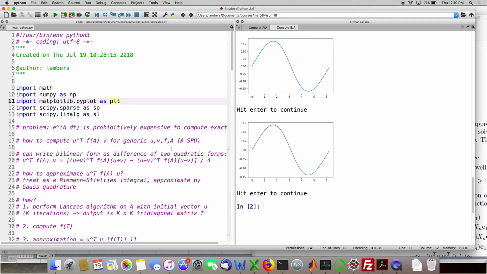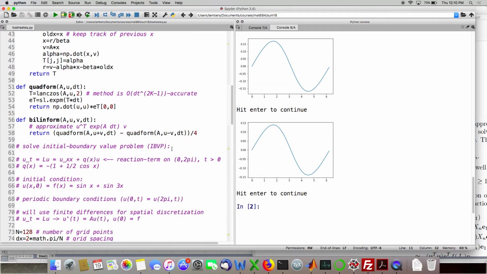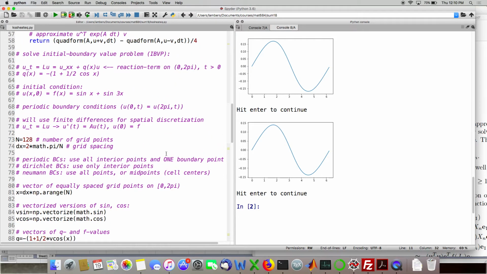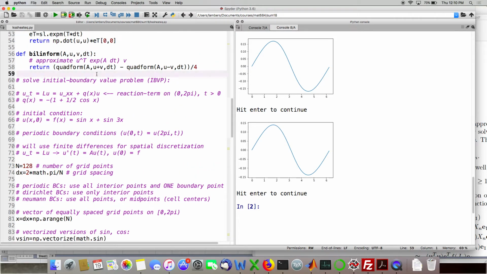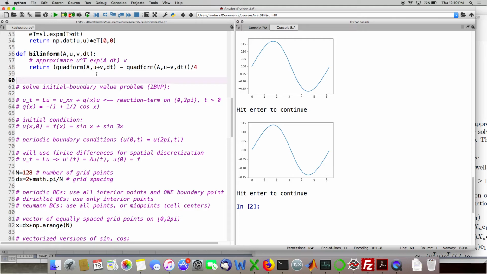So what I'll do is take all this KSS stuff starting from here and package it into a function with parameters like capital N, capital T, and dt. But that means I'll have to indent all of this.